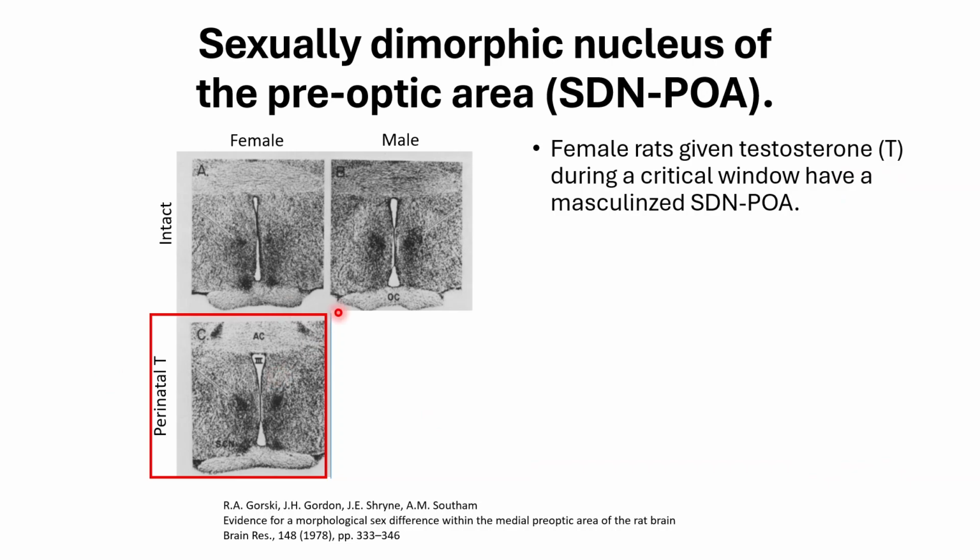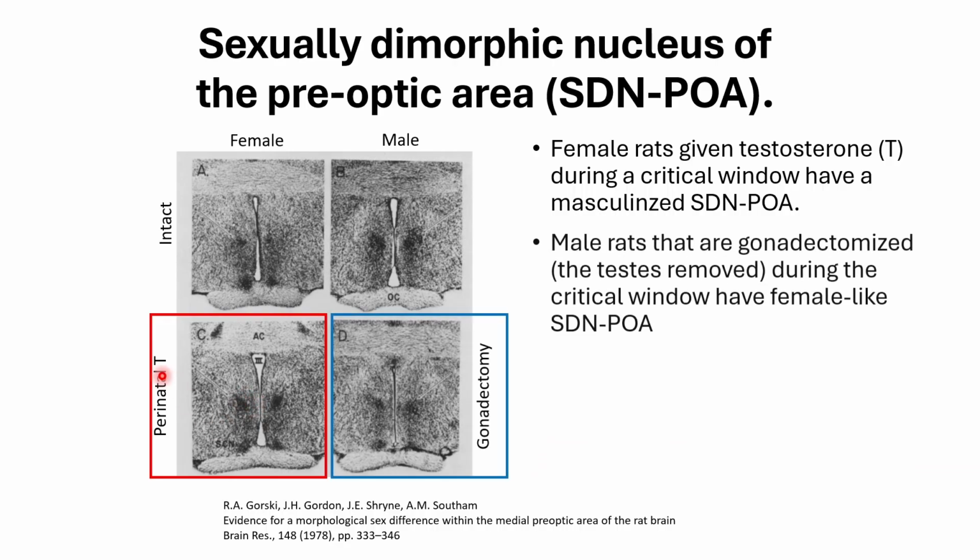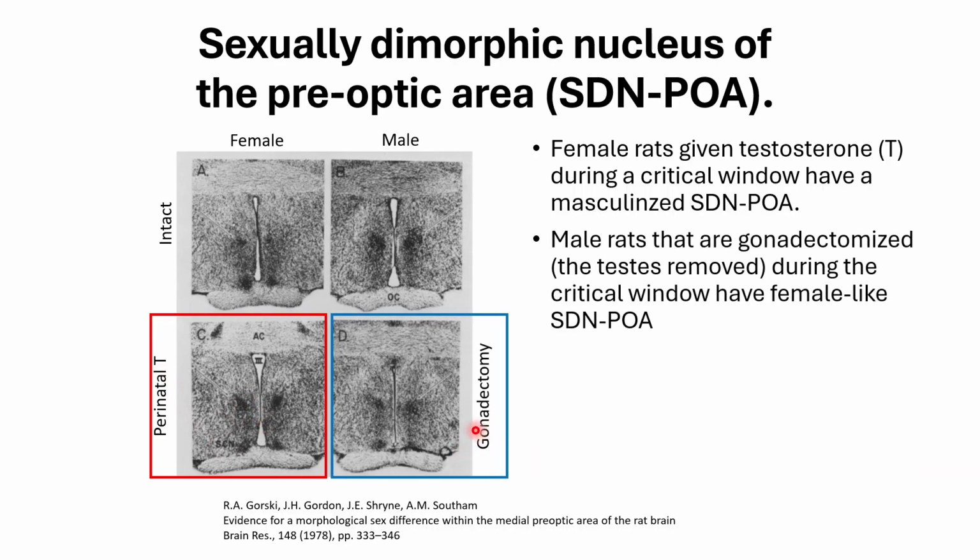And so one feature that we talked about that's sexually dimorphic is the sexually dimorphic nucleus of the preoptic area. This area is bigger in males than it is in females in rodents. But if you have a female that's exposed to testosterone during the critical window, largely postnatal when we're talking about rodents, in those first 10 days of life, you can get the preoptic area to grow to be more male-like. And then in males, if they're gonadectomized, they end up with a sexually dimorphic nucleus of the preoptic area that is more female-like.